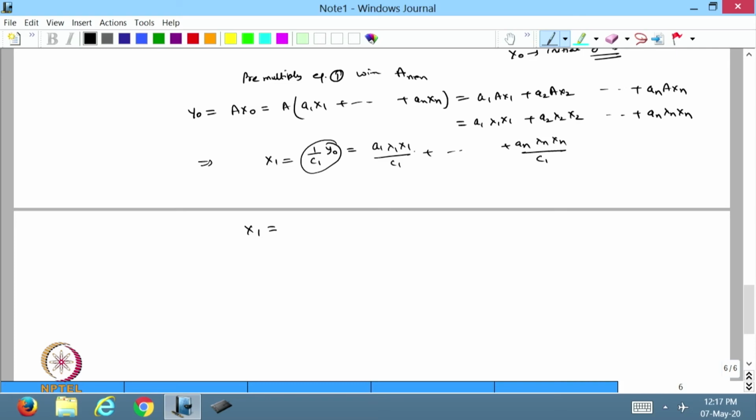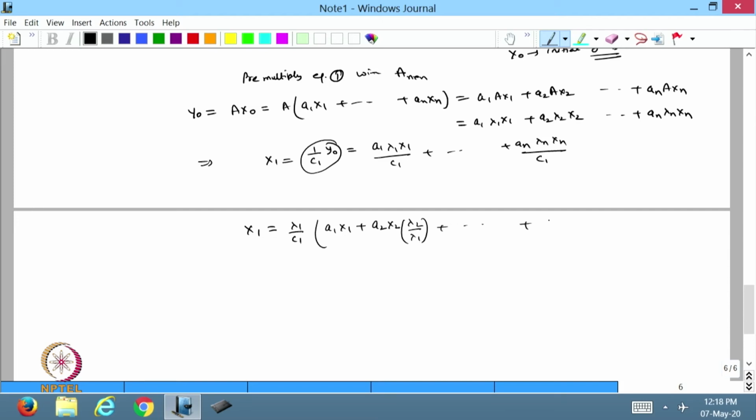Now, I will take the common factor lambda 1 over C1 from all. Inside, I will get A1 x1 plus A2 x2 times lambda 2 over lambda 1, and so on.